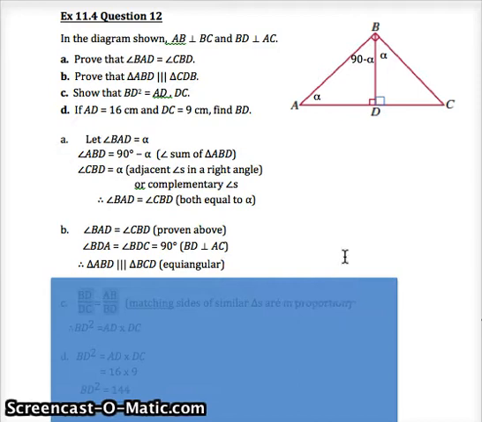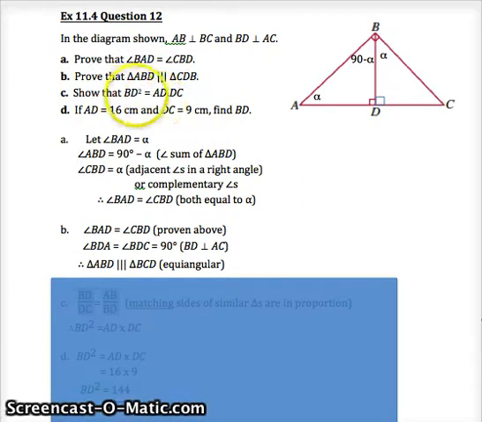Now, in the next part of the question, we have to show that BD squared equals AD times DC. When you see this little dot between the AD and the DC, it actually is a multiplication symbol.